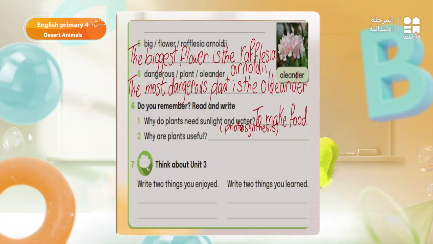Question number 2. Why are plants useful? Very good. Plants are useful for many reasons. For example, they give us the food, they clean the air, and they also clean the water and provide wood. So let's write it down.